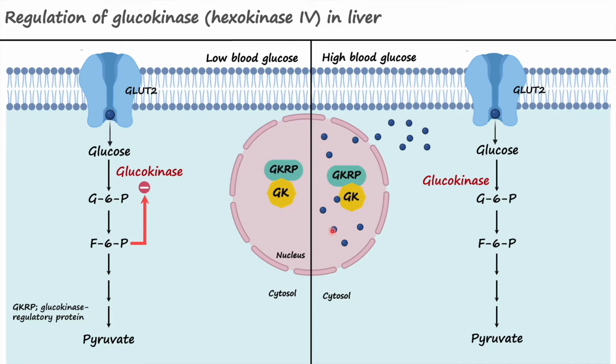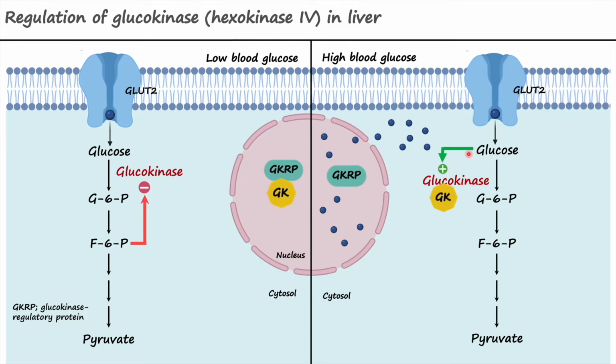And glucose inside the nucleus causes the dissociation of glucokinase from glucokinase regulatory protein and enables glucokinase to re-enter the cytosol and begin phosphorylating glucose into glucose 6-phosphate.